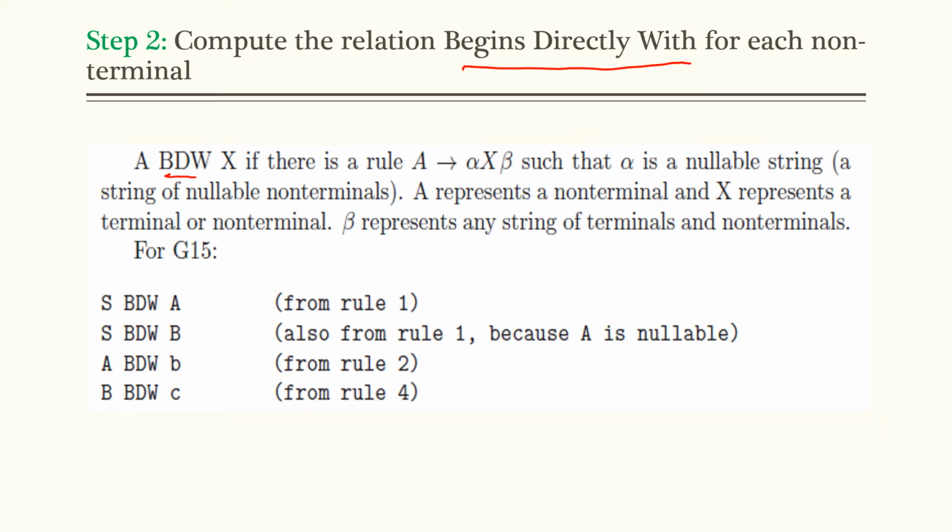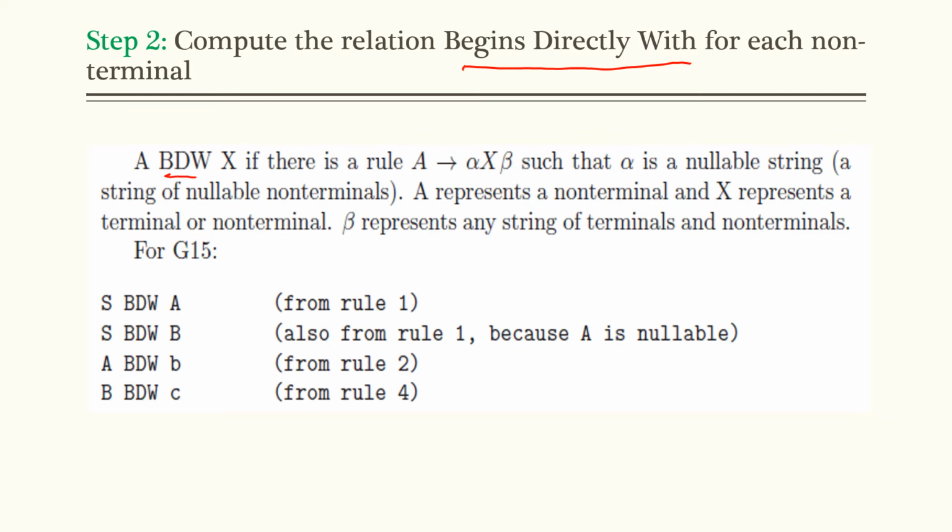So S can start automatically with B as well. That is why the BDW for S can be A, and it can be B as well. Because A is nullable, S can start with B, since when you replace A with epsilon, you ignore the information from A.